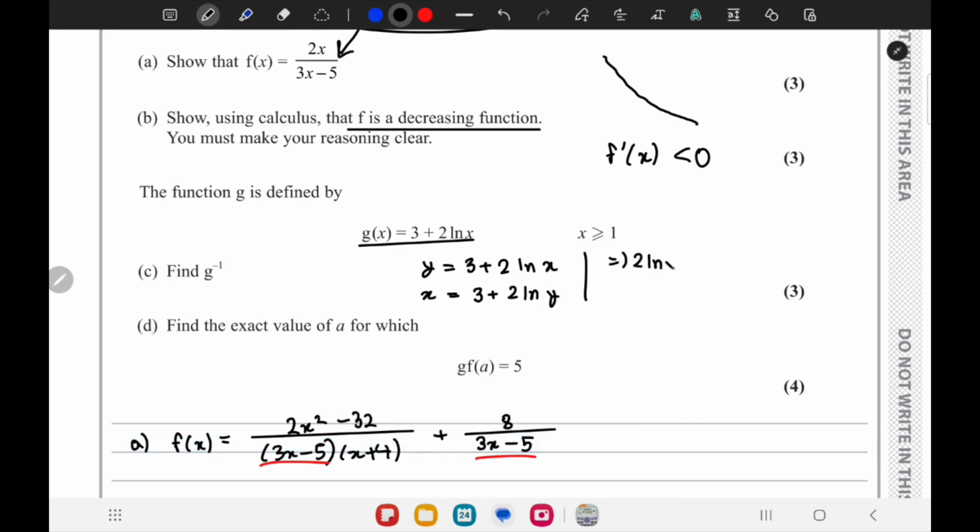So 2 ln y equals x minus 3, ln y equals x minus 3 by 2. Therefore y equals e to the power (x minus 3) by 2. Therefore g inverse x would be e to the power (x minus 3) by 2.